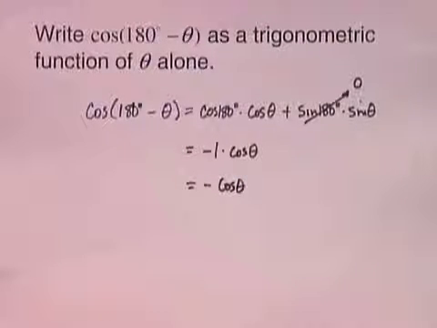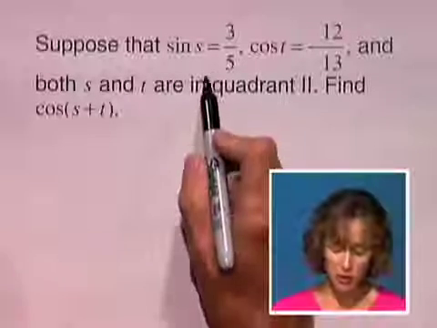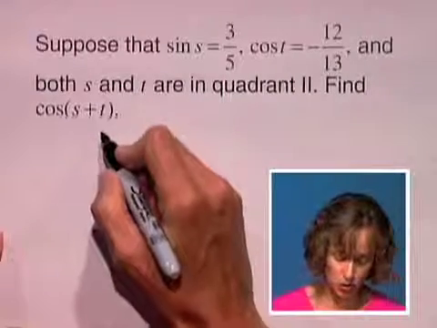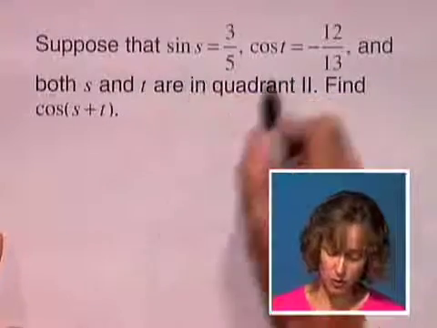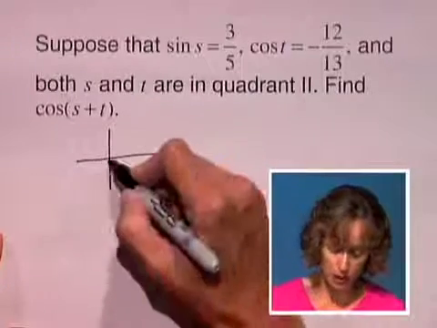Let's work with a cosine sum identity. Suppose that sine of s is 3/5, cosine of t is -12/13, and both s and t are in quadrant 2. Find cosine of s plus t. Well, what I want to start with is sketching possible pictures that match the sine of s is 3/5 and cosine of t is -12/13. So for s, I need some angle.